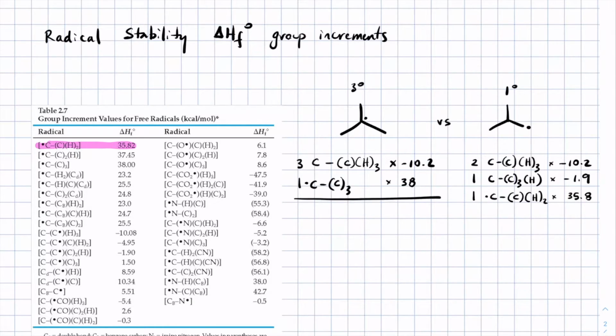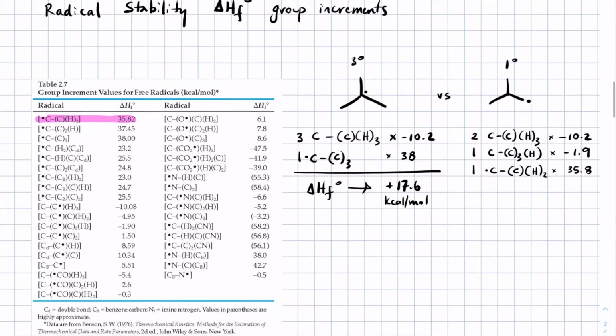So I'll get out my calculator so that we can do the math. 2 times minus 10.2 equals plus 38. Okay, so this is uphill by 17.6 kilocalories per mole, the heat of formation of the tertiary radical. We do the same math.